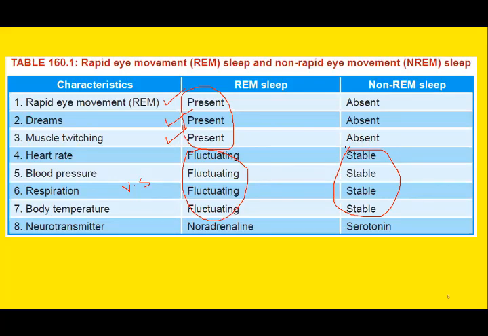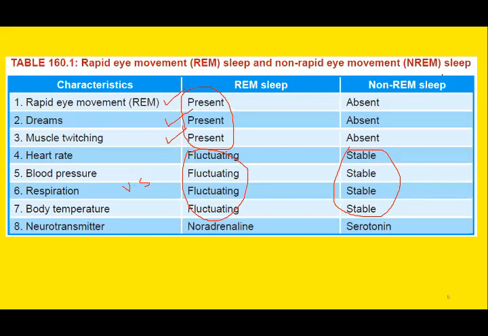So to summarize, sleep is divided into two stages, and non-REM is subdivided into 4 stages, stage 1 to 4. Stage 1 and 2 of non-REM are the light sleep. Stage 3 and 4 of non-REM are the deep sleep.